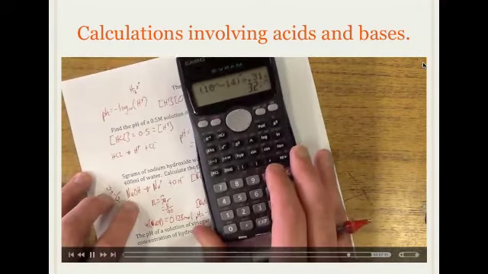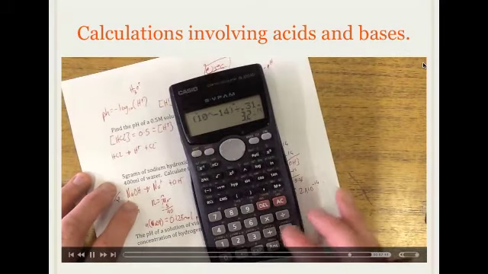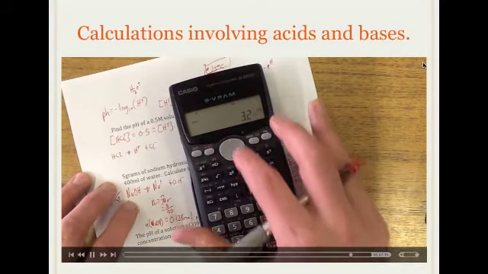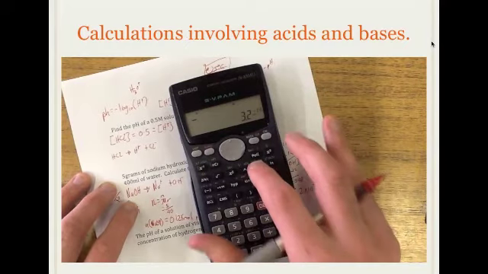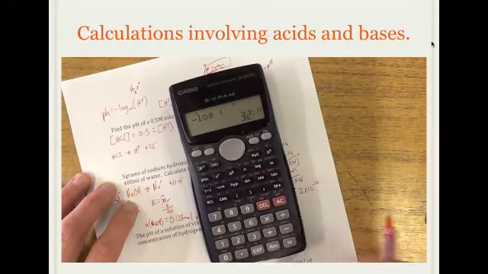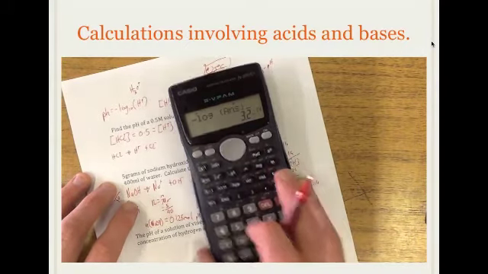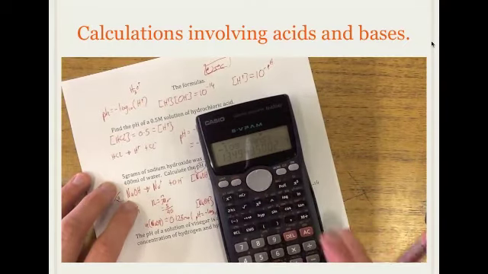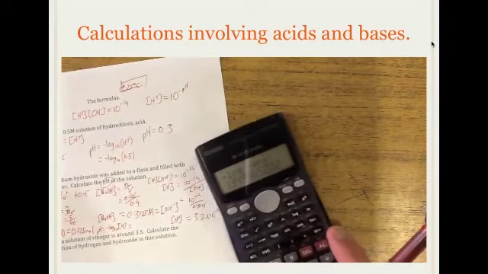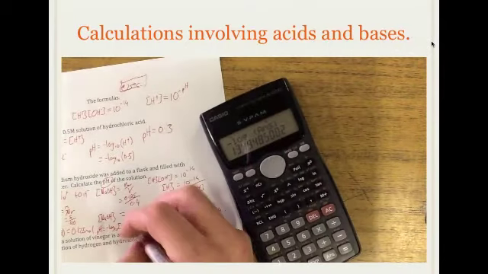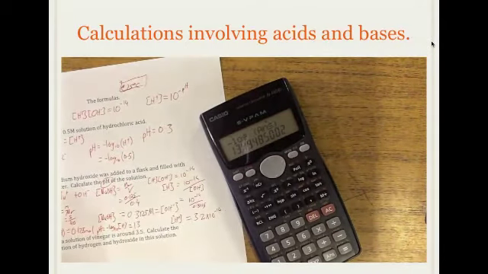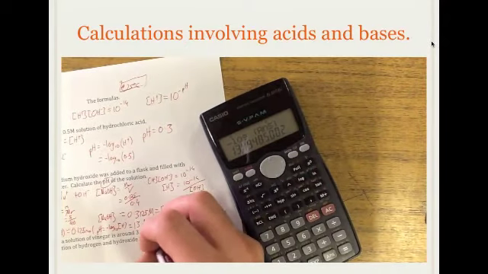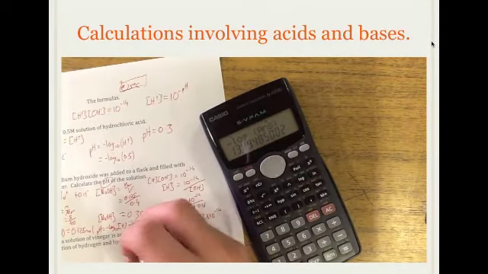Okay, so now I'm going to use this answer by going negative log to the base 10 of my answer. Now use answer because it gives me a more accurate reading. And that gives me my pH, which is about 13.49. There's my pH there.